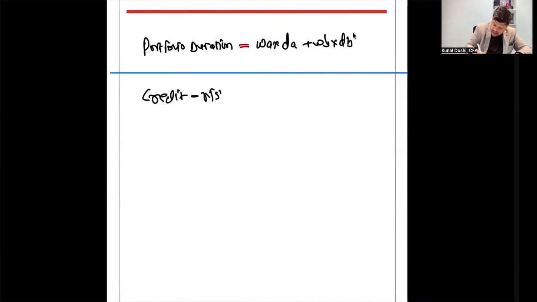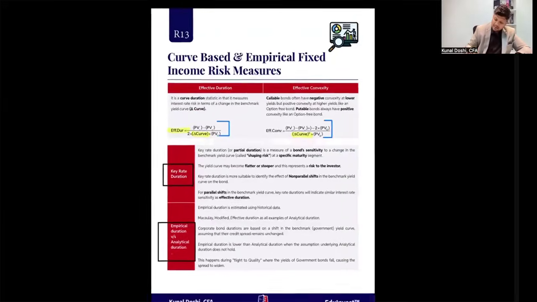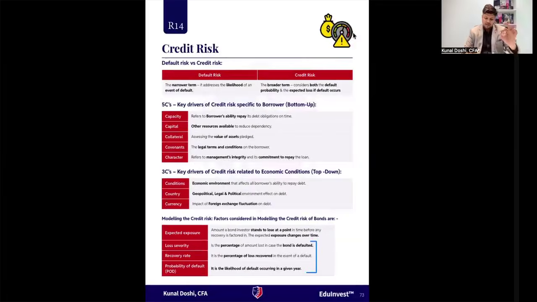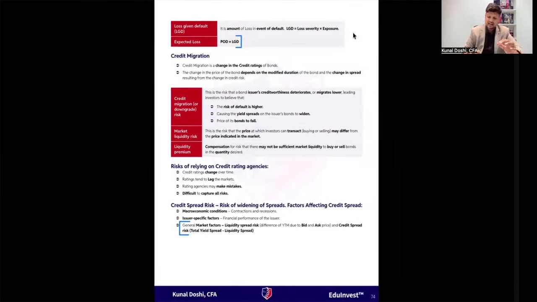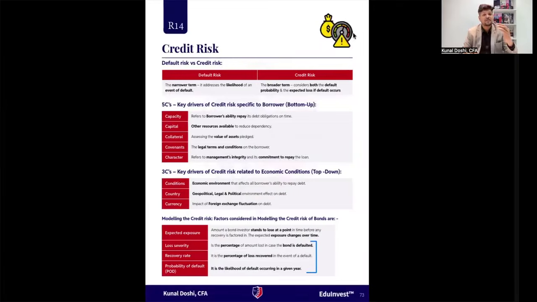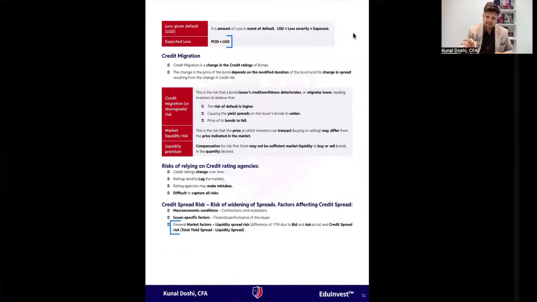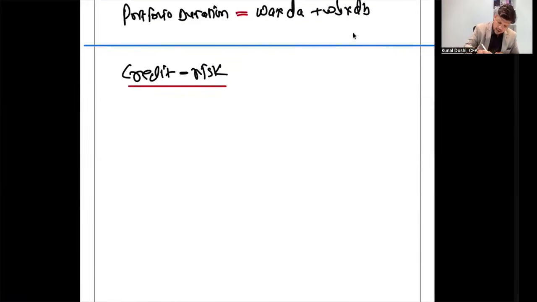Credit risk. Even though there might not be too many calculations here, one important formula that you should be aware of is the different components of the risk. But before that, what is expected loss? Very important. Expected loss is a combination of two things.